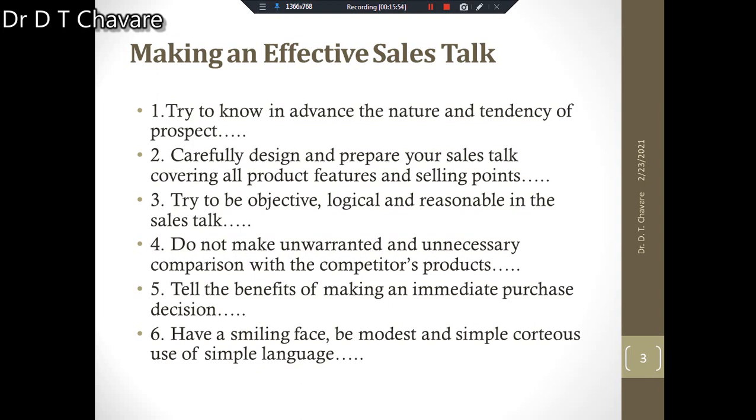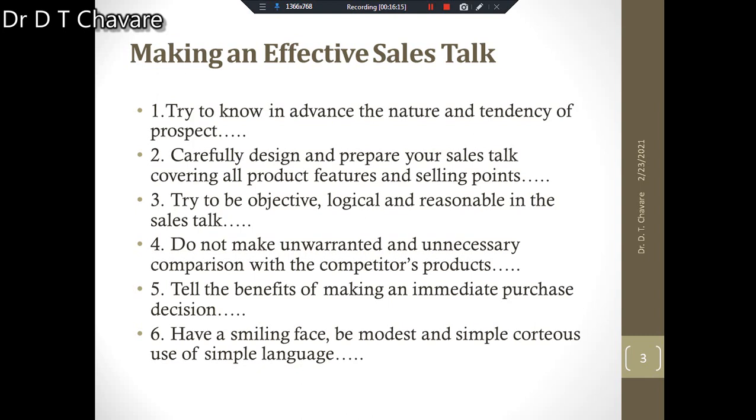In order to make it effective, a sales talk has to be properly designed and carefully and cleverly made. Here are some suggestions to make an effective sales talk.